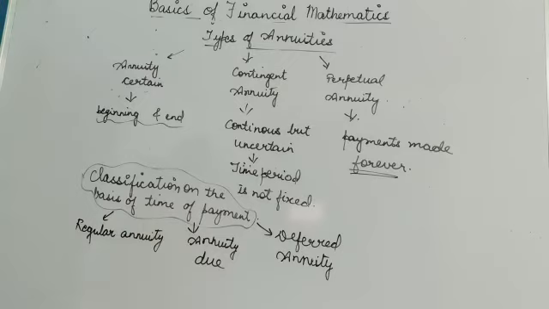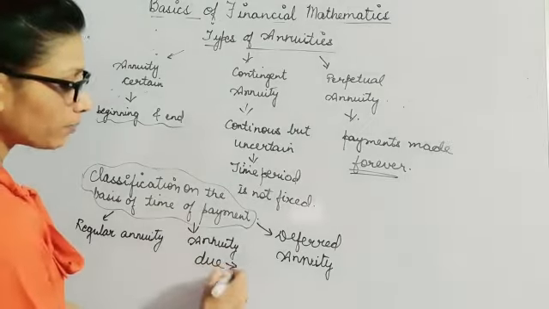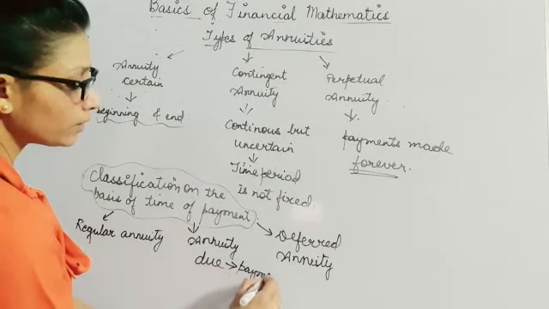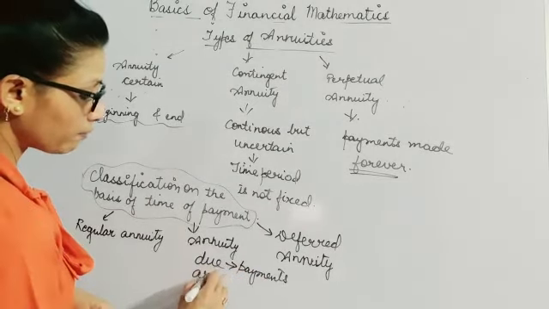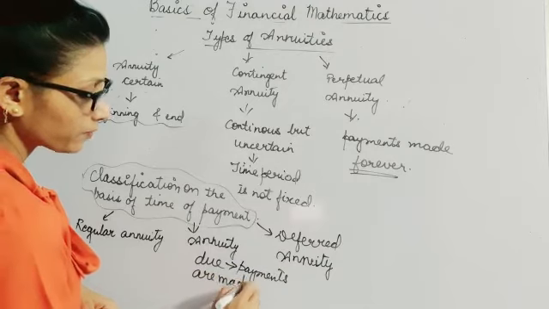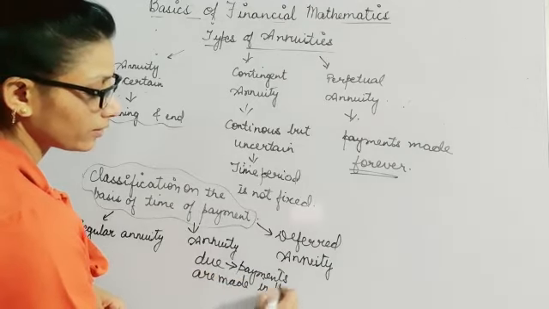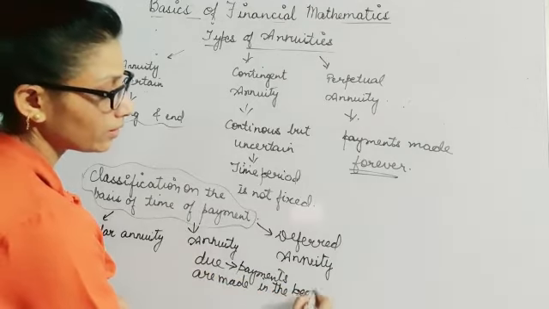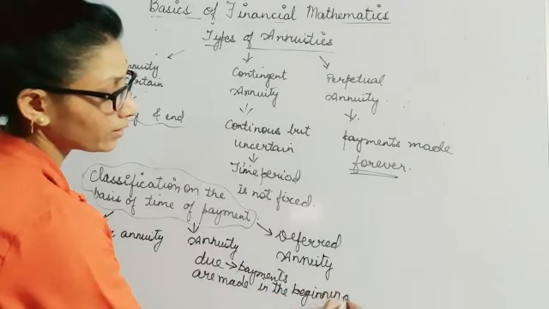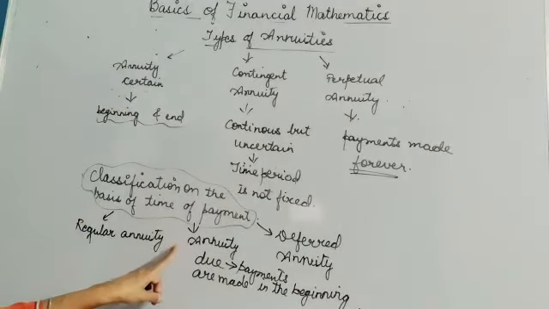Second is annuity due. This is an annuity in which payments are made at the beginning of each payment period. When the payments are made in the beginning, that is your annuity due.